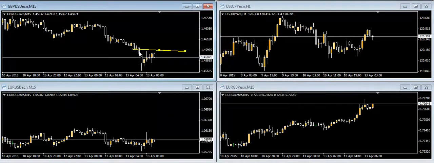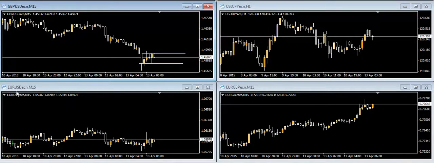All right, so we have a little bit of consolidation here, and we have consolidation here. So not enough for me to say comfortably to take a trade, but we're going to leave that there for the time being.